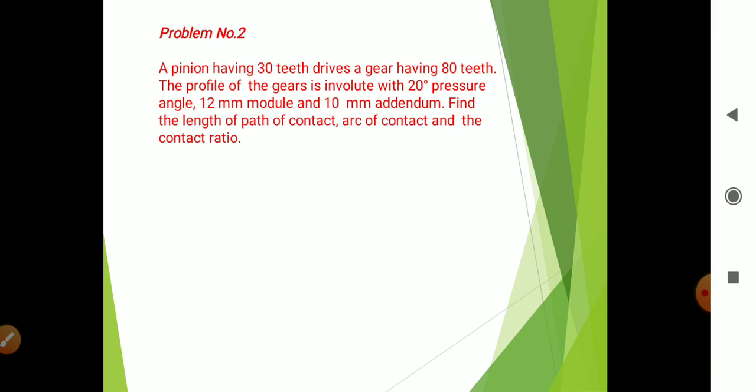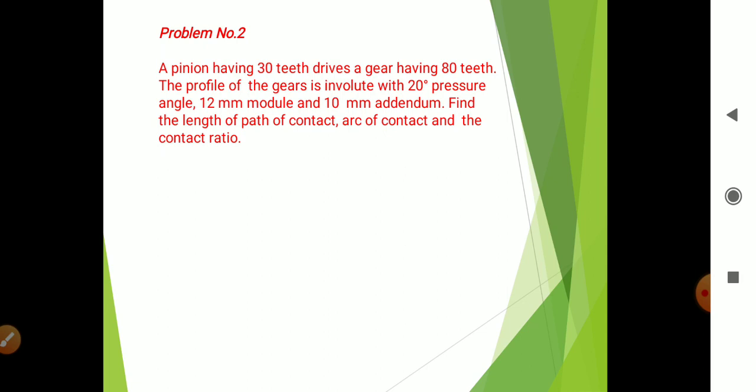Now the number of teeth has changed. The profile of the gear is involute with a 20 degree pressure angle. Module is given, m is equal to 12, and addendum is 10. Find the length of path of contact, arc of contact, and contact ratio.